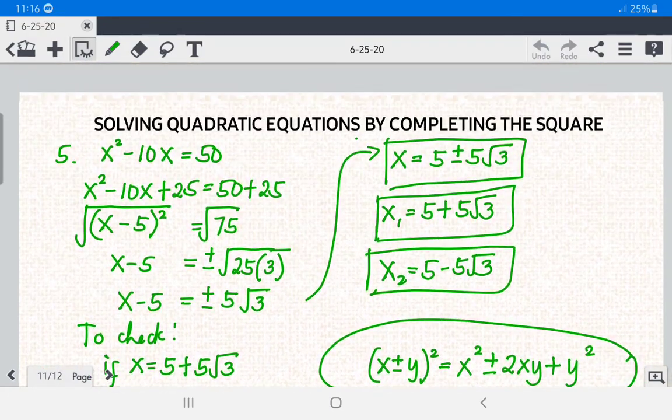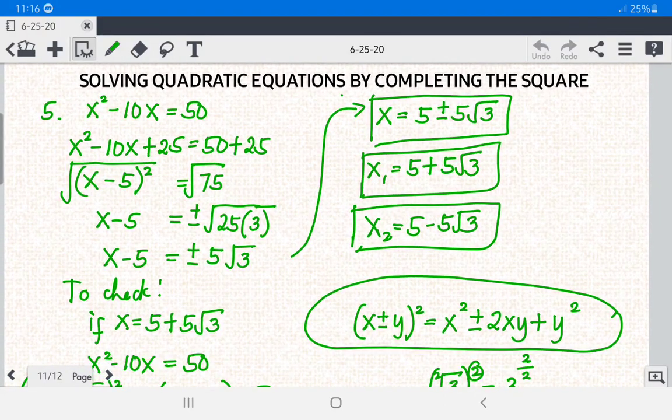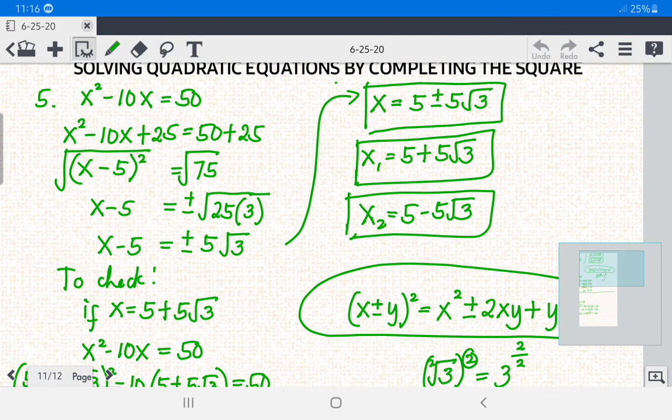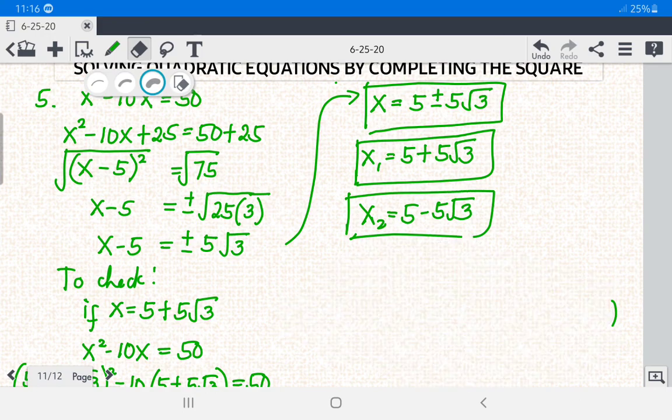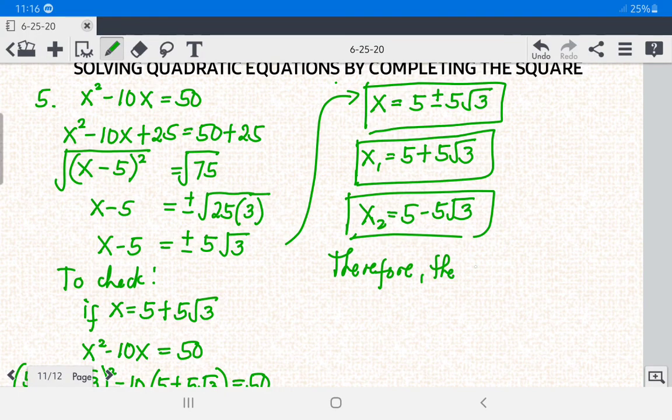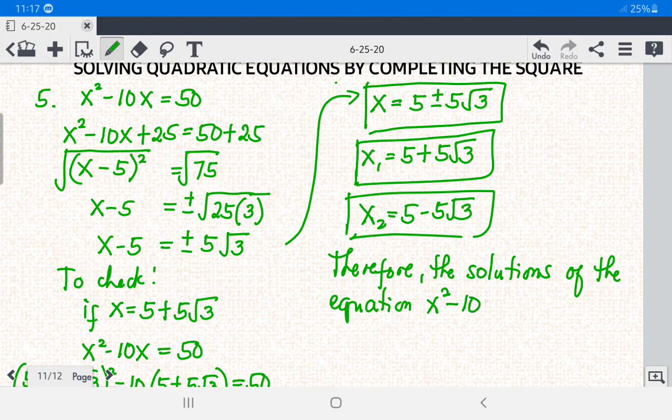Therefore, the solutions of the equation x squared minus 10x equals 50 are 5 plus or minus 5 square root of 3.